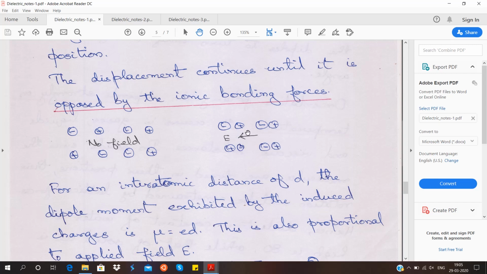And this movement is being opposed by the ionic bonding force. Like in the previous case, we had the Coulomb force of attraction opposing the electronic polarization. Here in ionic polarization, it's the ionic bonding force which is going to oppose the ionic polarization.